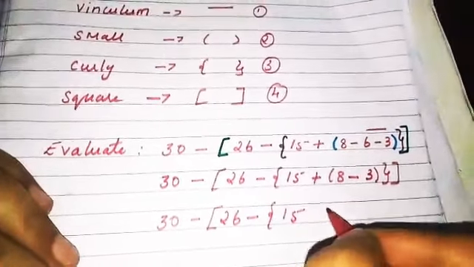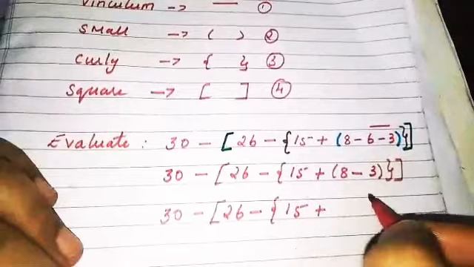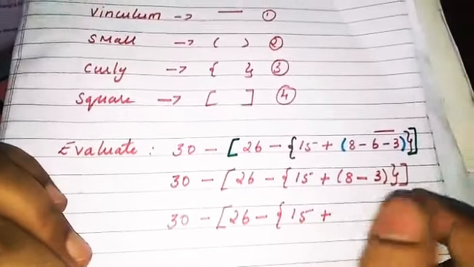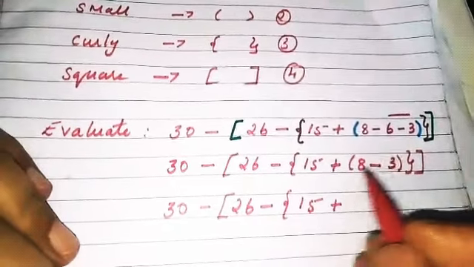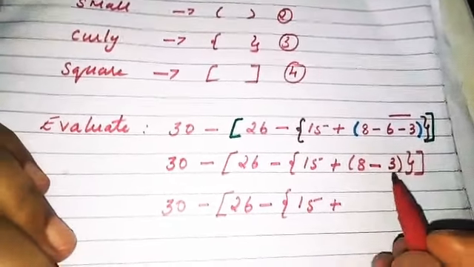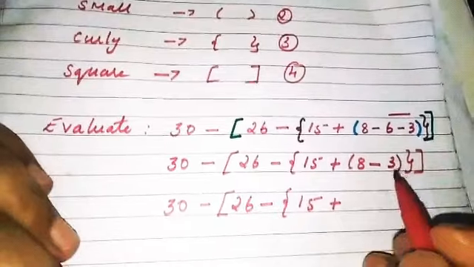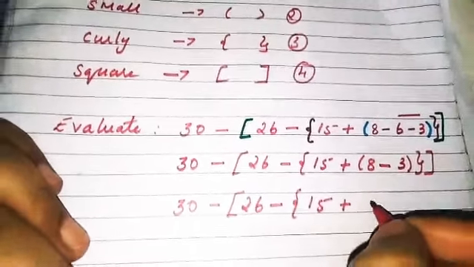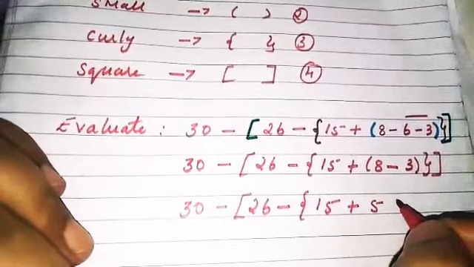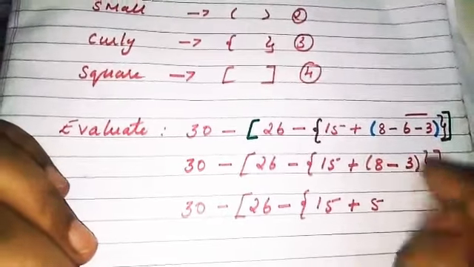Now the second step is to simplify the expression which is given under the small bracket. So 8 minus 3 gives us 5. That's simplified, and let's not repeat this bracket.